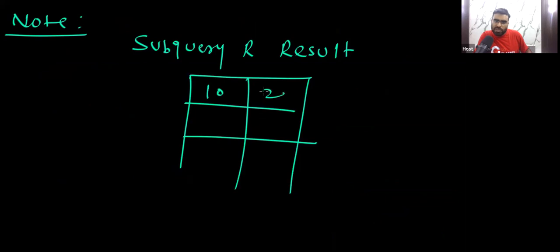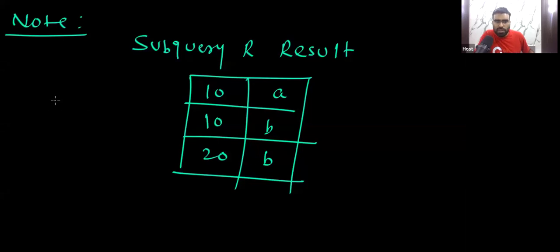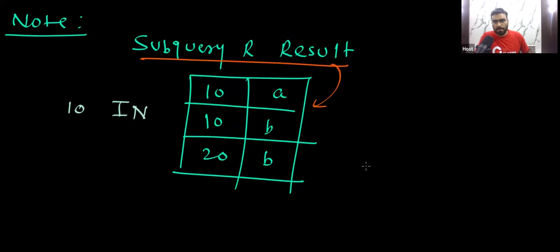Here you have, let's assume, 10 20, or maybe 10 A, maybe 10 B, 20 B, like this. Now you tell me, can I ask this question: 10 in this? Let me know. Is this question valid?